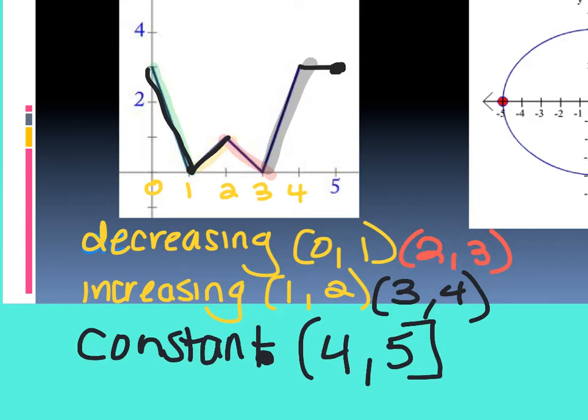So the only time you're going to see a bracket on increasing, decreasing behavior is if your graph starts on the left or ends on the right with constant, with a horizontal line. Make sense? Yeah? Okay.